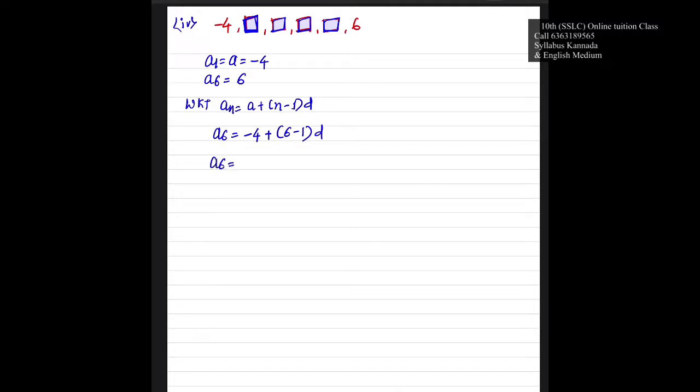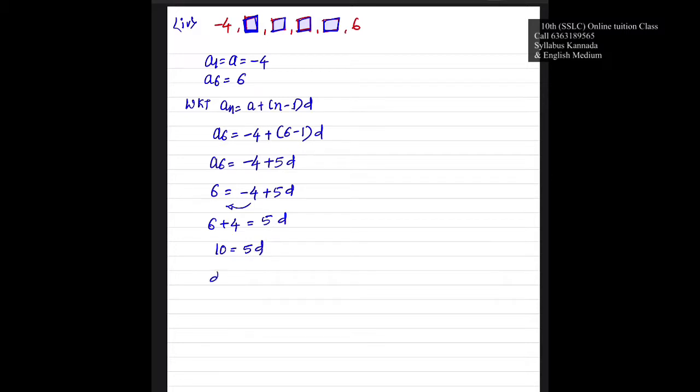So a6 equals -4, 6 minus 1 is 5d. a6 is also given, that is 6. So -4 plus 5d. So this 4 comes to this side, so it becomes 6 plus 4 equals 5d. So 10 equals 5d.